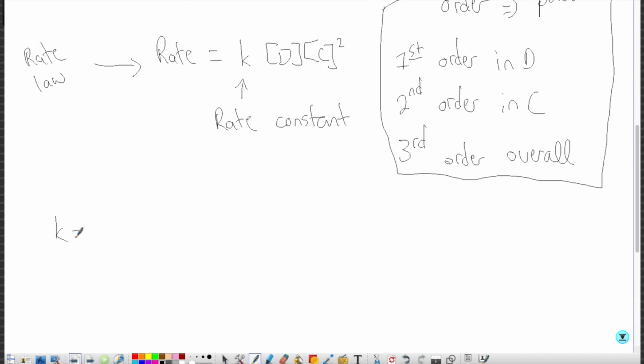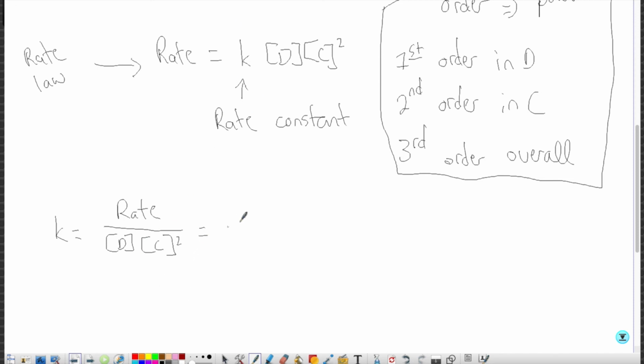K equals rate over concentration of D times concentration of C squared. I just get that from taking my rate law and dividing both sides by concentration of D times concentration of C squared. I just want to isolate the variable.